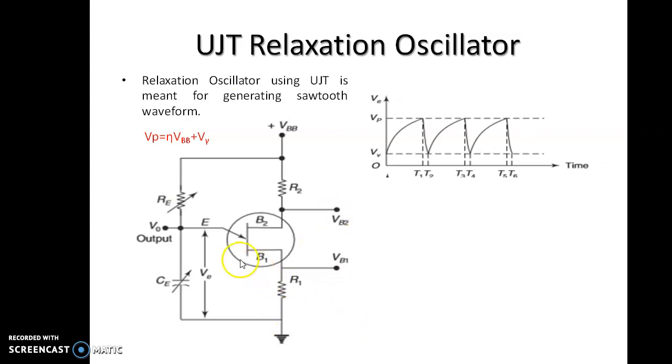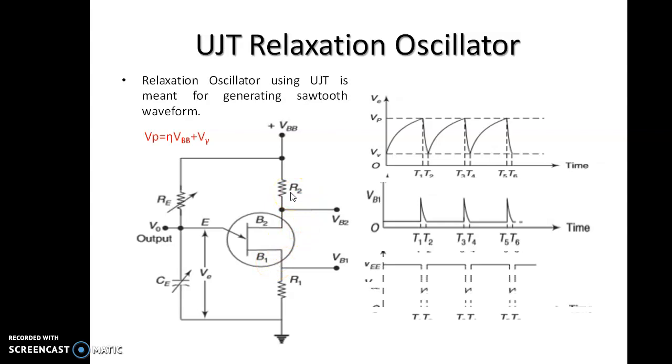When the UJT fires, the sudden surge of current through B1 causes a voltage drop across R1, which provides positive going spikes. Also, at the time of firing, the fall of VEB1 generates negative going spikes across R2.